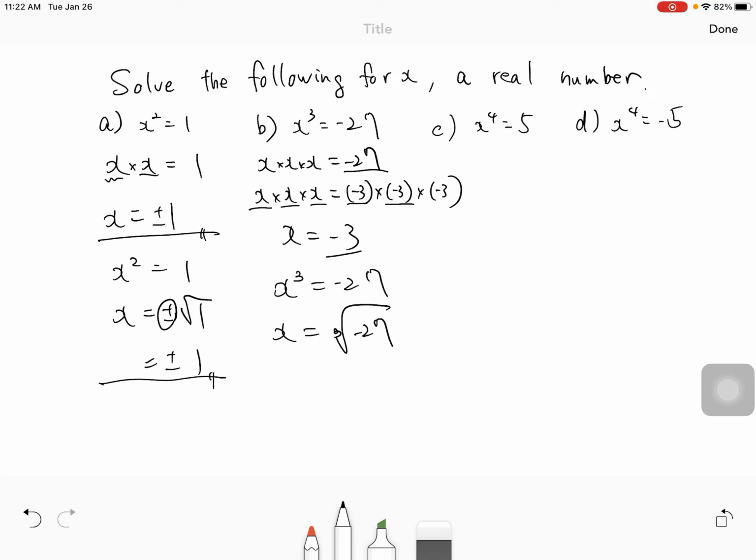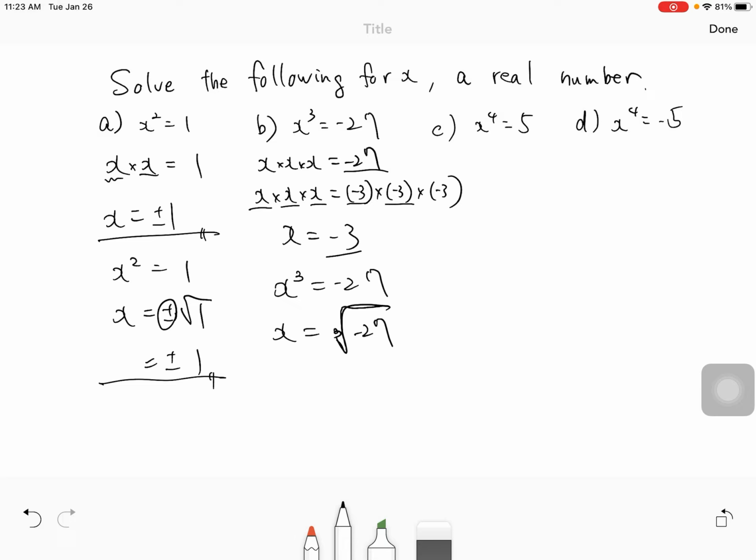In this case, you have to be careful. You have to put 3 here. In the case of x squared, you don't need to put any number, because even though you don't put any number, this means it has 2 in it. This means square root if you don't put any number. So in this case, the exponent is 3, so it's going to be the third root of negative 27.